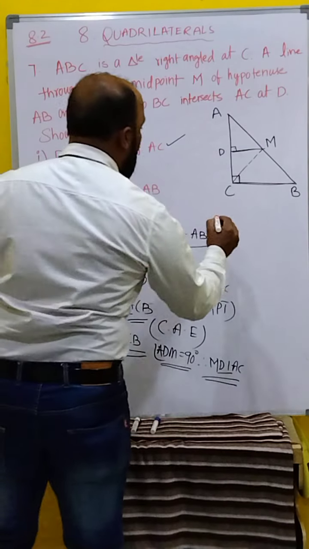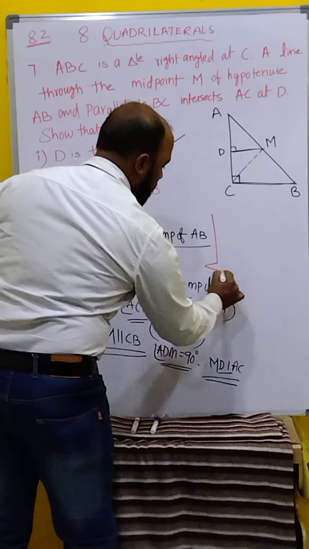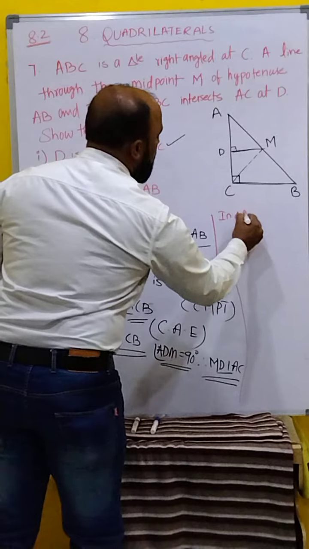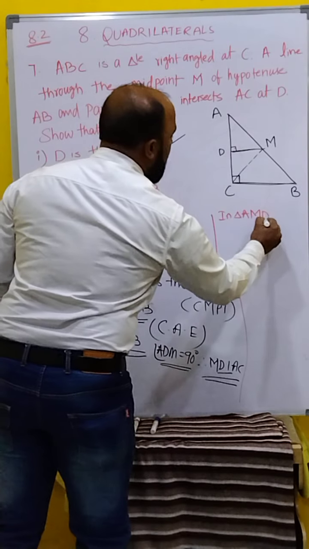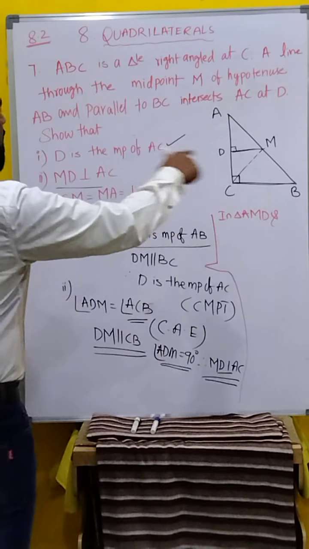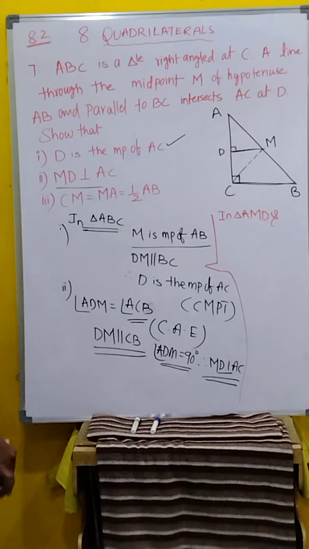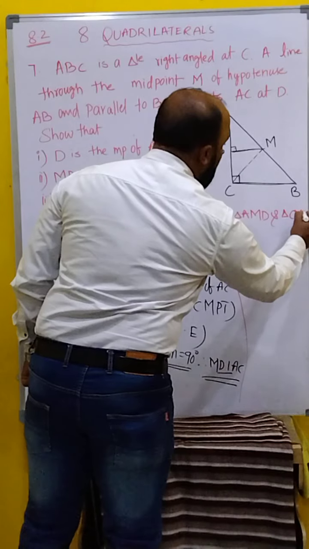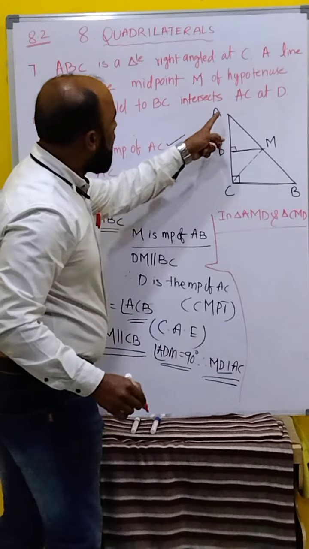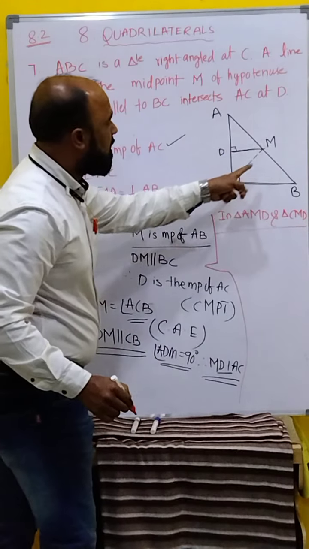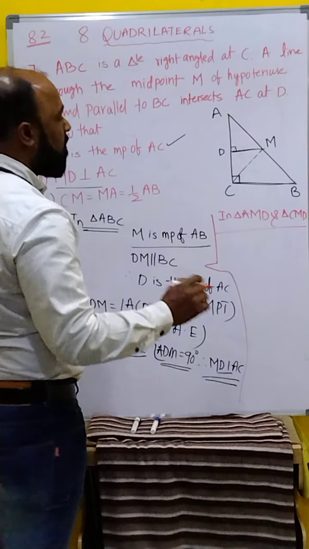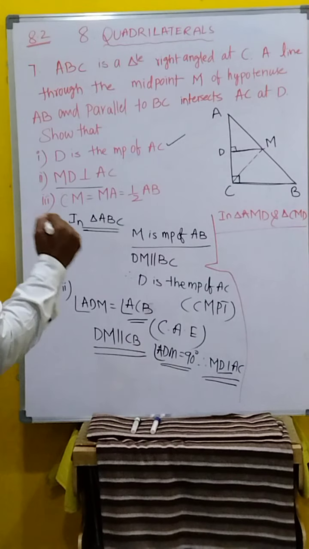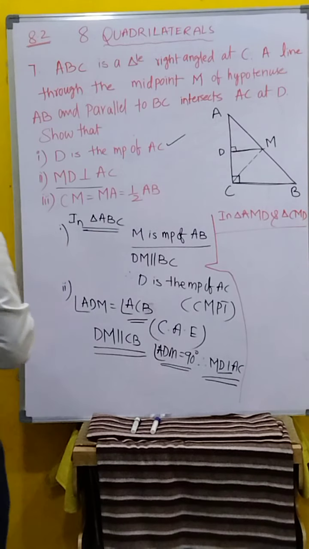Now, in triangle AMD and triangle CMD, observe children. What do we have to prove? Both are congruent. Which congruence rule is working here?